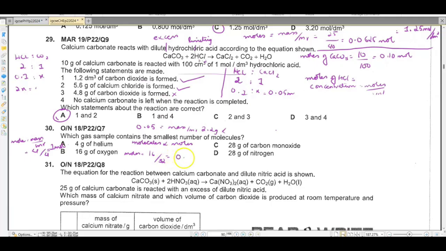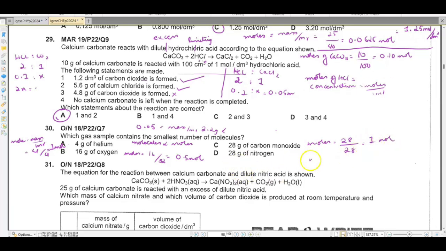So 16 by 32 is 0.5 moles. Okay. So 28 grams of carbon monoxide, moles is equal to mass 28 grams and Mr for carbon monoxide is 28. So this is going to give us 1 mole again.